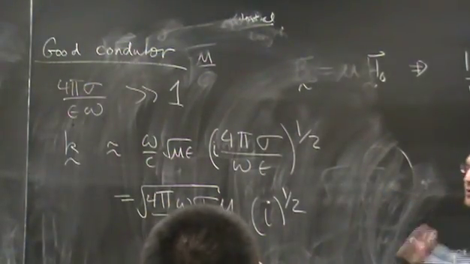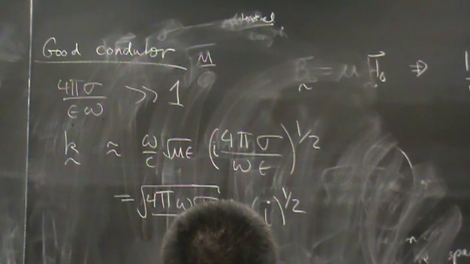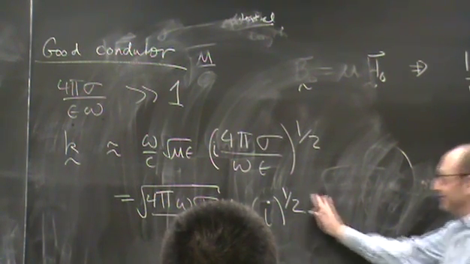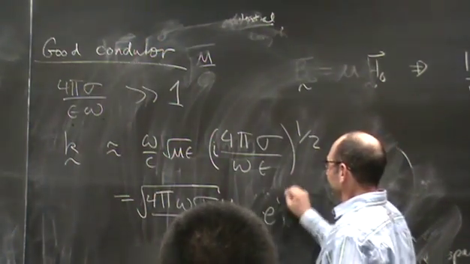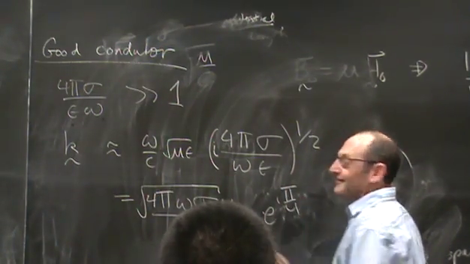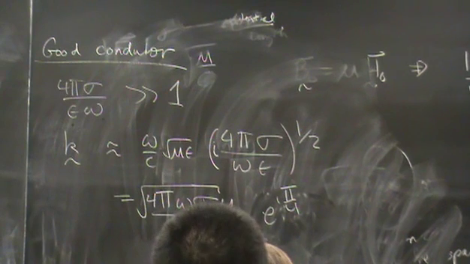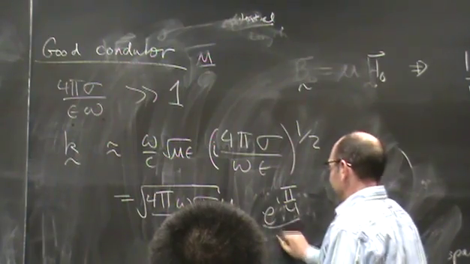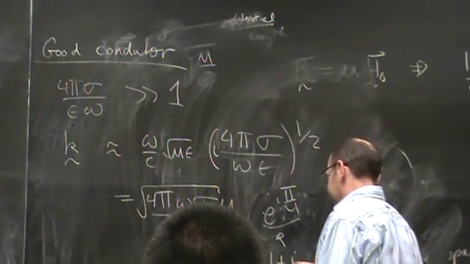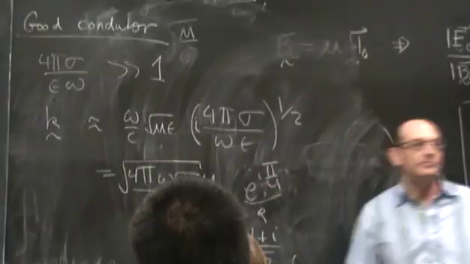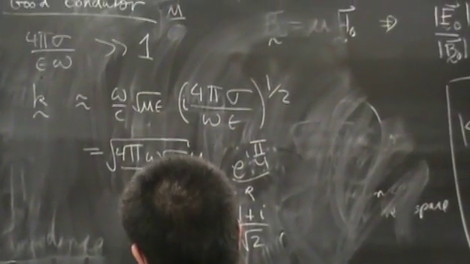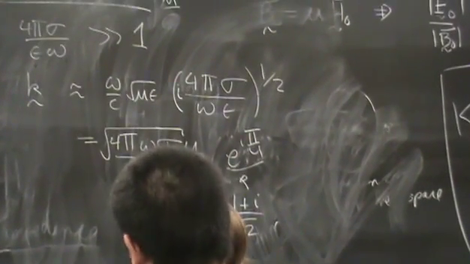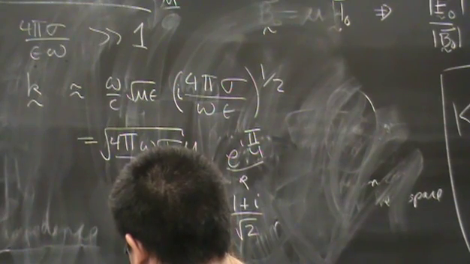What is i to the power 1/2? Thank you. Which is 1 over square root of 2 plus i 1 over square root of 2. Okay? So the real and imaginary parts are equal in this case.